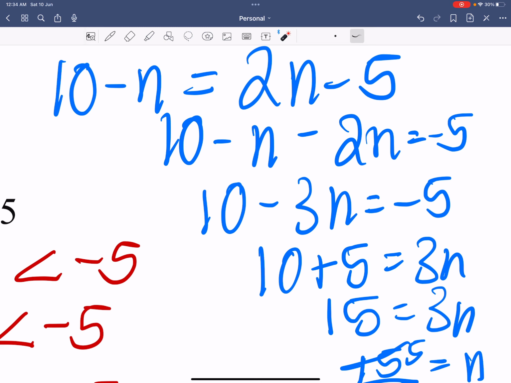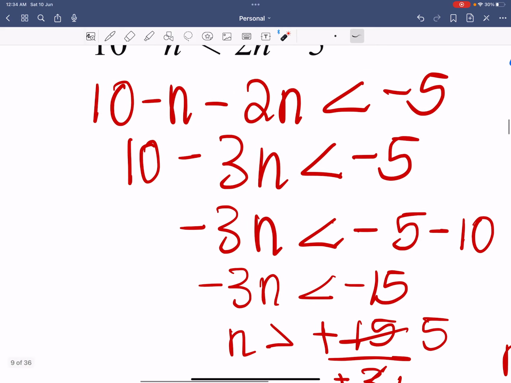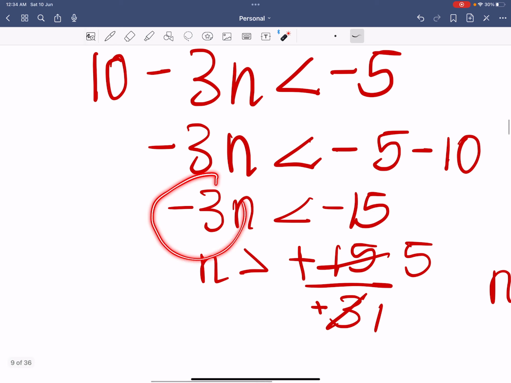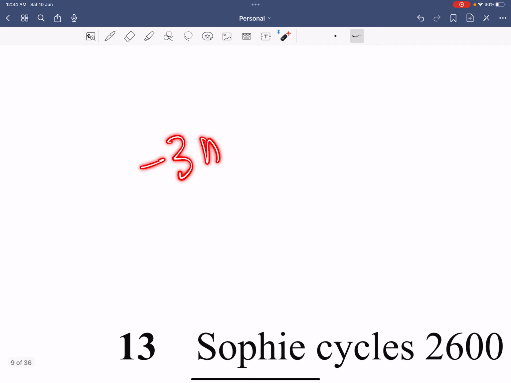The one trick is that whenever you have to shift a negative number by dividing it, for example over here, if I had to shift this negative number to the other side and divide, so -3n is lesser than 15.